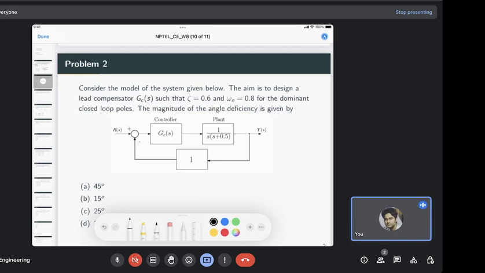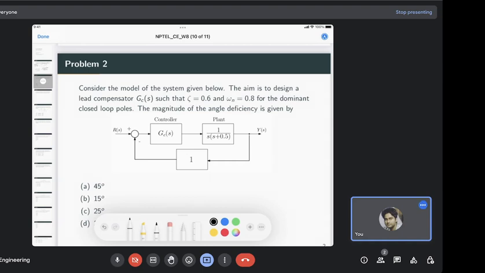If it is, then we know that there is some gain for which we can place these dominant poles on the root locus. If this angle is not minus 180 degrees, then definitely using a simple gain adjustment we cannot have these dominant poles on the root locus.